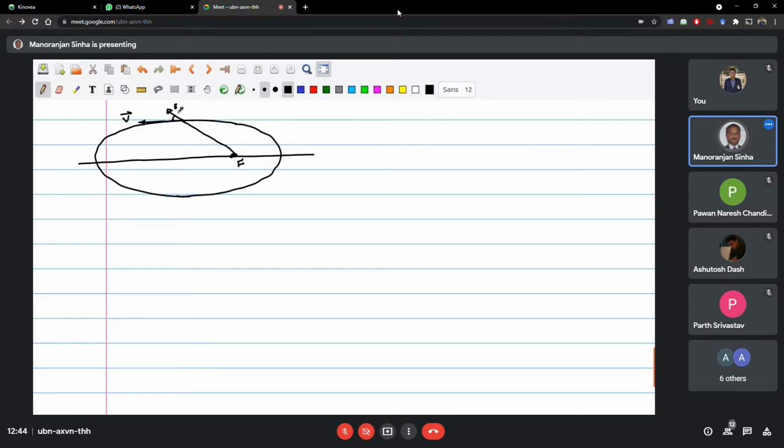So this angle is your alpha angle. If you are here in this point, this is the radius vector and the velocity vector is tangent, so this is the angle here. Similarly, here in this point, the radius vector and this is the velocity vector. So this is 90 degrees at the periapsis.